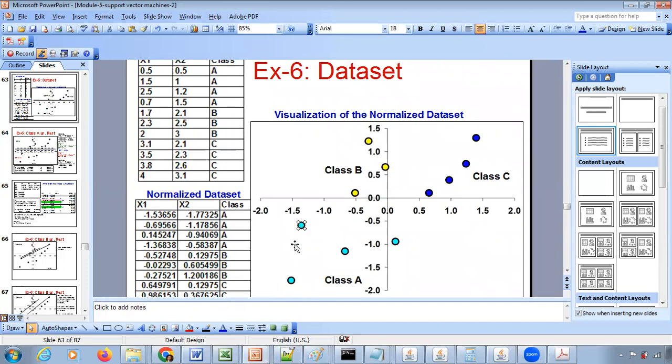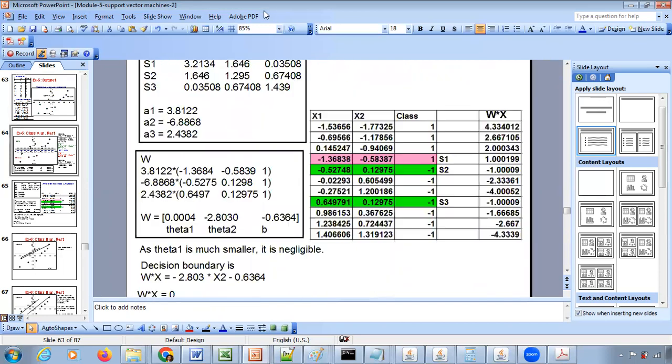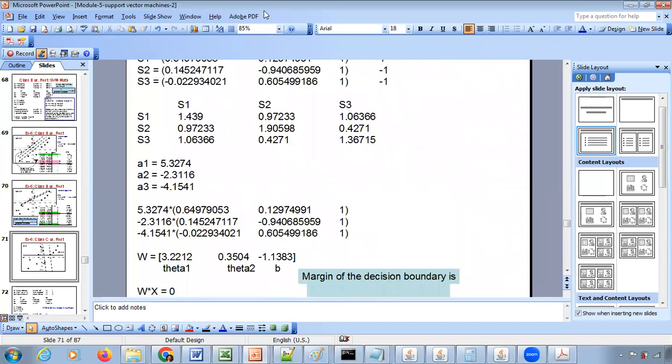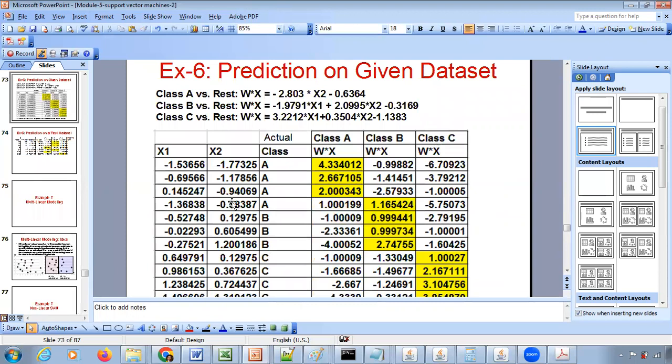This one is the last of the class A records, so negative 1.368 and negative 0.588. That's one. When we did the support vector machine, if you remember, for this data point, the fourth data point in class A, the W times X value came out to be 1 for class A versus rest.